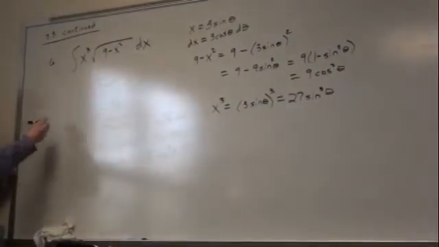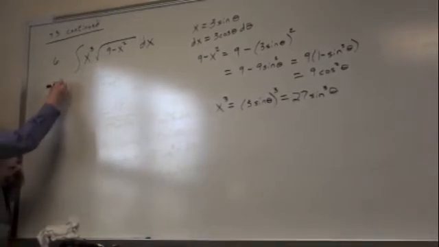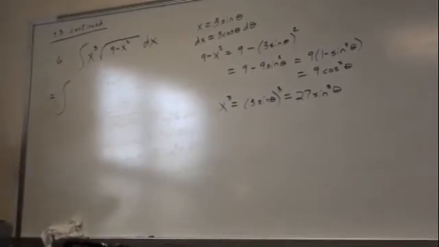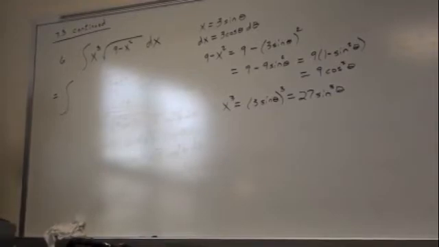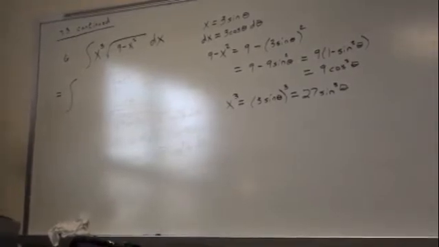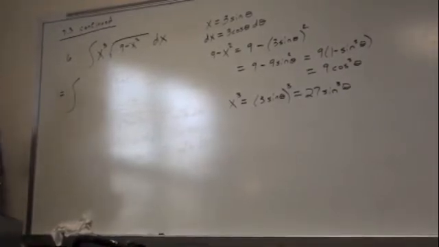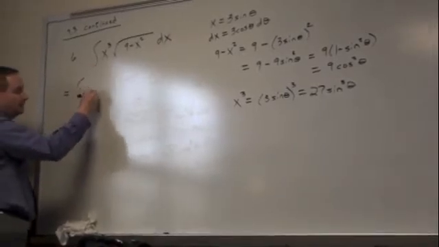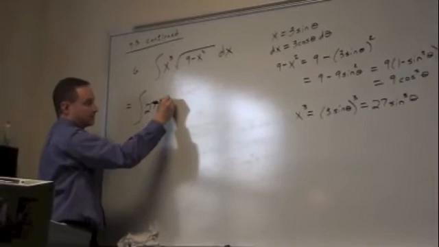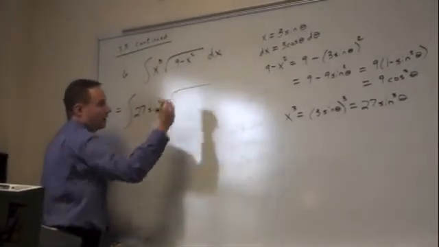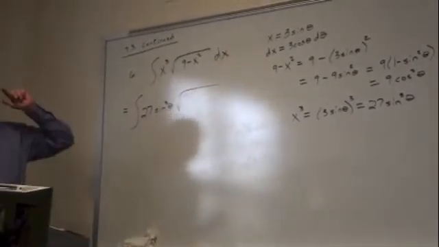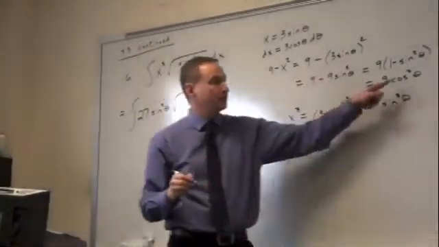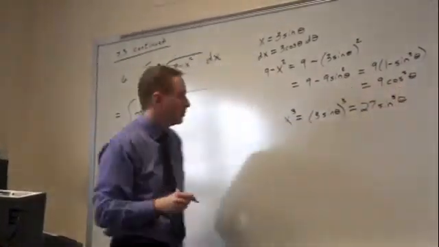So I'll say, okay, this problem is going to be equivalent to, and at first, you think you're making these problems more difficult than they started off. But I promise you, you're not. This x cubed is 27 sine cubed theta, on the square root of 9 minus x squared. 9 minus x squared is what I simplified down to 9 cosine squared theta.